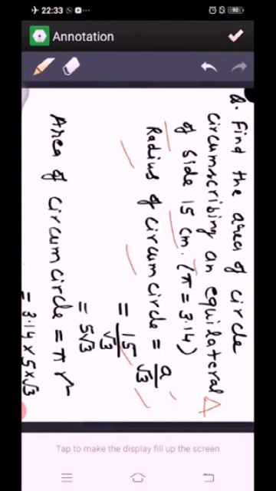So we get 15 upon root 3. On solving this, 15 upon root 3, we get 5 root 3. How do we get it? 15 is broken into 3 times 5, and then divided by root 3. This root 3 cancels with one root 3. So we get 5 under root 3. You can see this calculation.